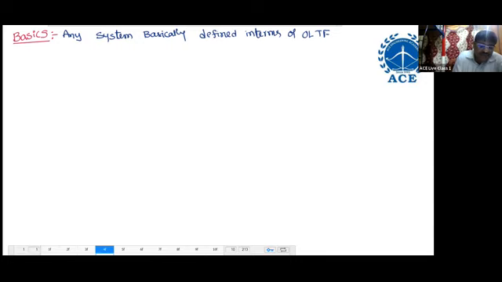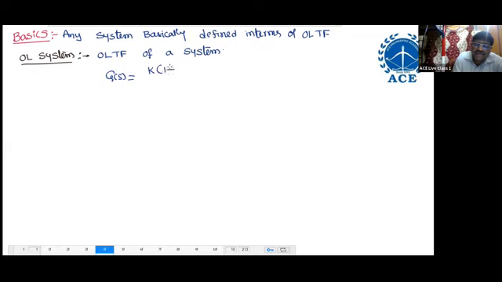First, I'll take the open loop system. The open loop system is defined by the open loop transfer function of the system, that is G of S equal to K into (1 plus S tau 1)(1 plus S tau 2) and so on, divided by S power n into (1 plus S tau a).